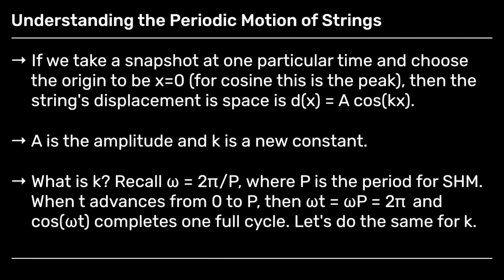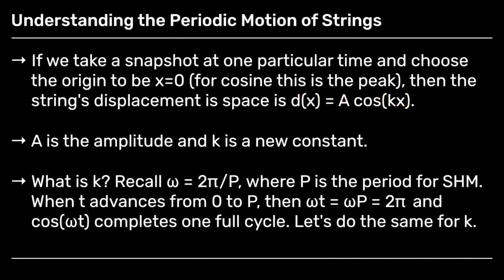Now, if we take a snapshot at one particular time and choose our origin, x equals 0, so for a cosine that would be the peak, then the string displacement in space takes the form d as a function of x equals A cosine of some constant k times x.